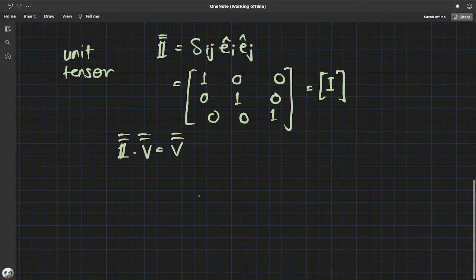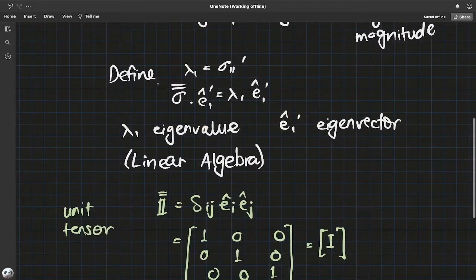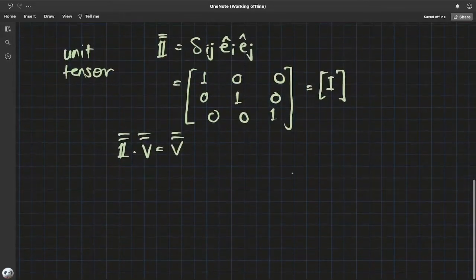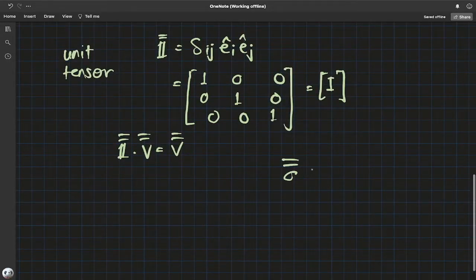So why is this useful? Because remember, we have this equation here. Sigma tensor dotted with e1 prime is equal to lambda 1 e1 prime.